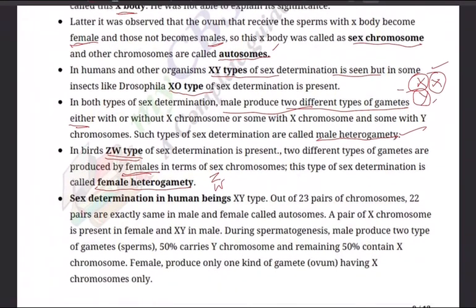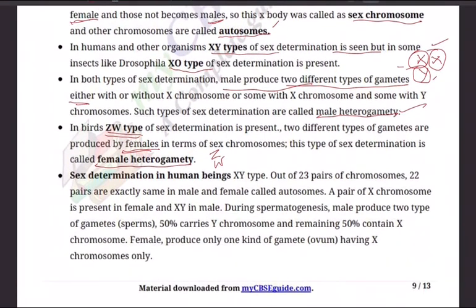So sex determination in human beings is XY type. Out of 23 pairs of chromosomes, 23 pairs means 46 chromosomes. All of us have 46 chromosomes in every cell. 22 pairs, that is 44, are autosomes.